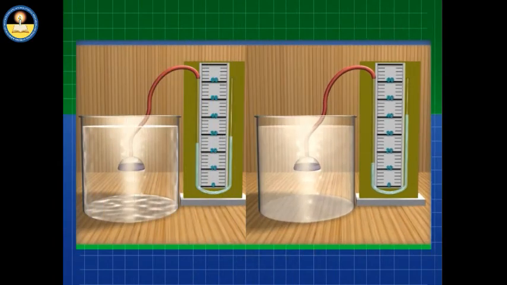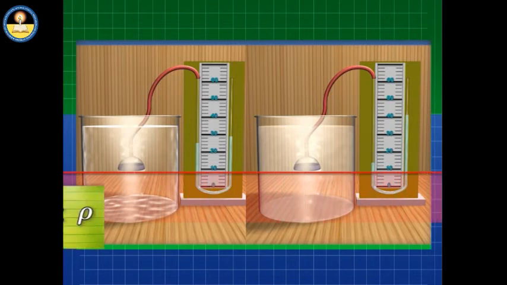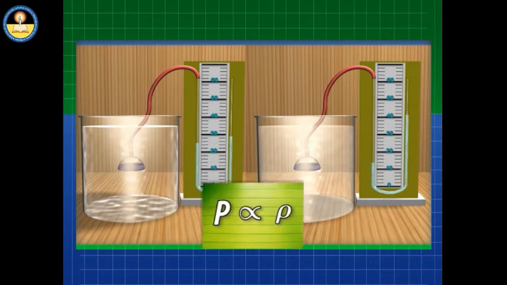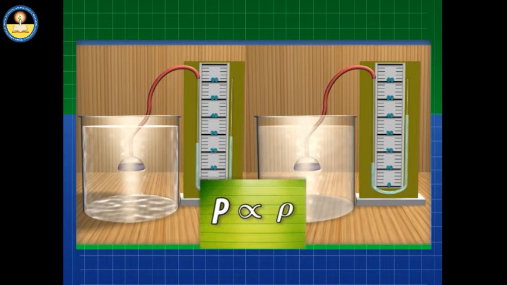If we keep the manometer funnel at the same depths in the 2 beakers, it can be seen that the pressure is different in both the cases. That is, it depends on the density of the liquids, or higher the density, higher is the pressure.